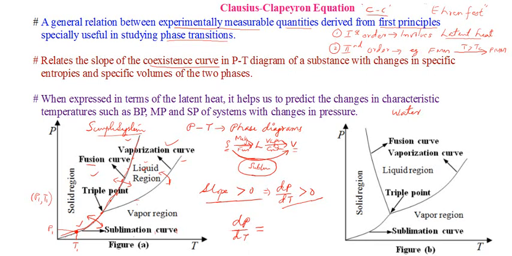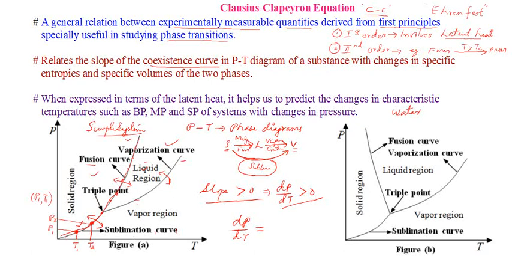So in the system there will be solid as well as vapor. Now if you are performing the experiment at some other temperature, say T2, or you are changing the external pressure, say to P2, then what will happen?